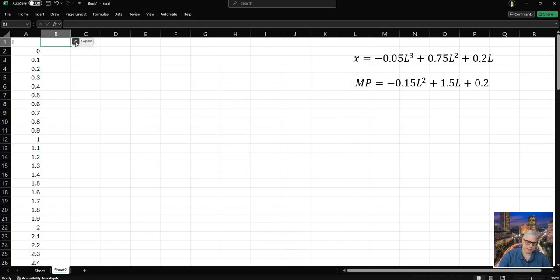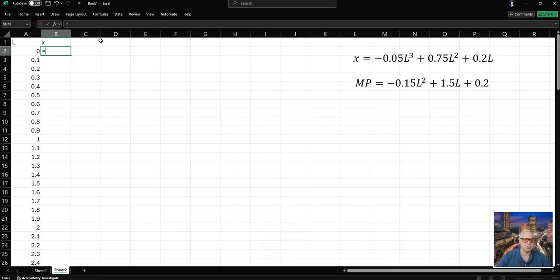Okay, so then we have the total output X. Now I need to enter this equation here, which is the one that's supposed to give us the S-shaped production function.